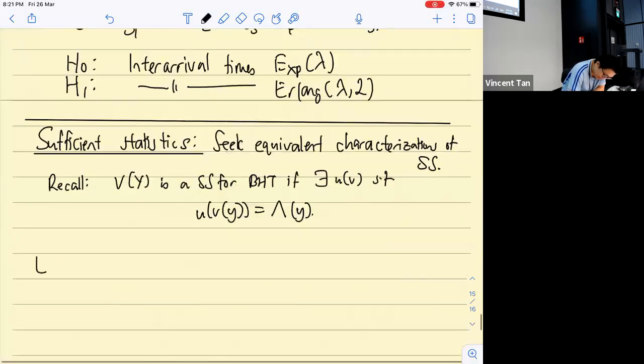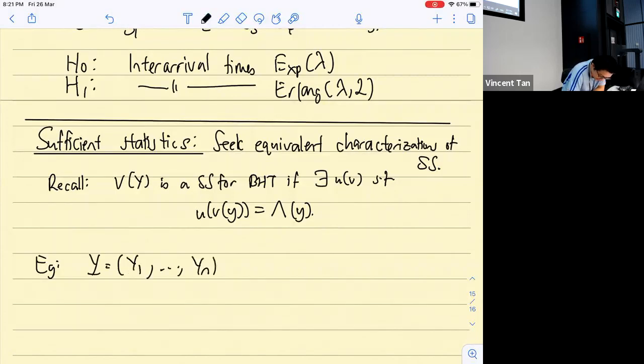Okay. So for example, for the vanilla Poisson process problem, my y could be my vector of observations, my vector of inter-arrival times y1, ..., yn, and my v of y, which is my presumed sufficient statistic, could be just the sum. Okay.